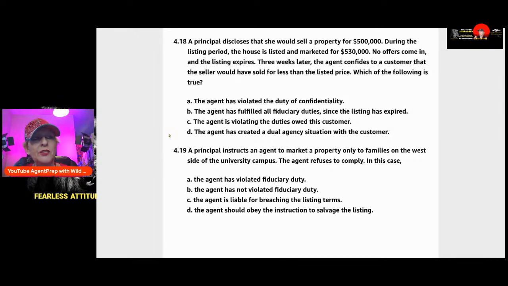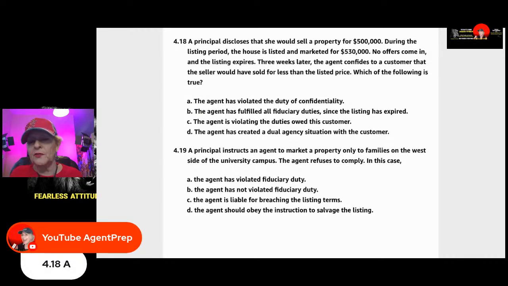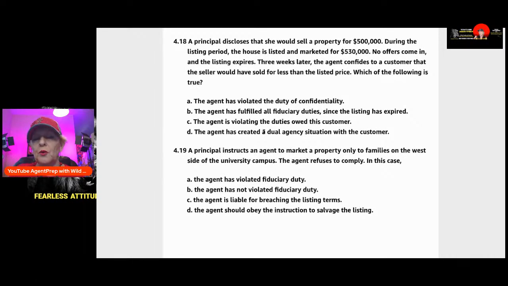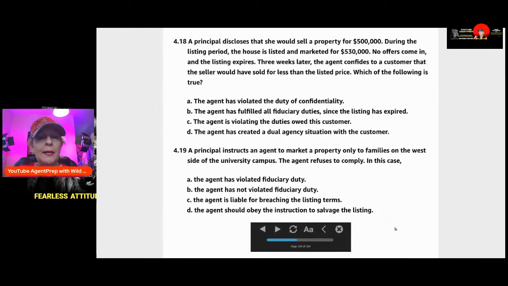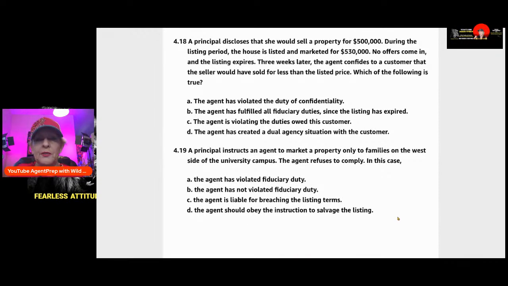Confidentiality, right? The agent has violated the duty of confidentiality. Confidentiality remains forever. Disclosing the price that the seller would have taken is violating confidentiality, because another realtor might end up listing it and they may have told another realtor, right? Or a buyer that might go and buy it. So that's correct. Confidentiality. That remains, okay, with all types of professionals. Well, certain types of professionals, okay.